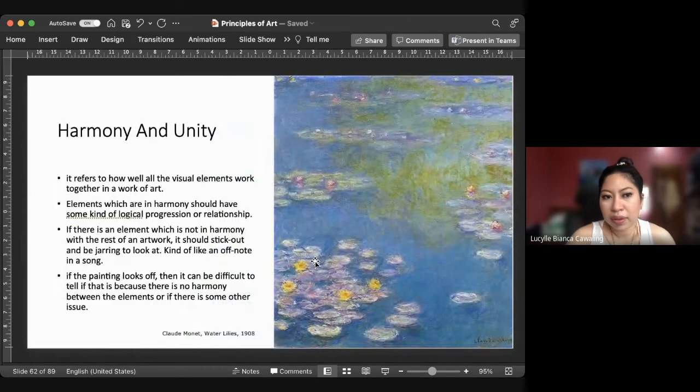And then also this one, there is harmony, or a sense of unity and harmony, because of the progression of the visual elements at work.